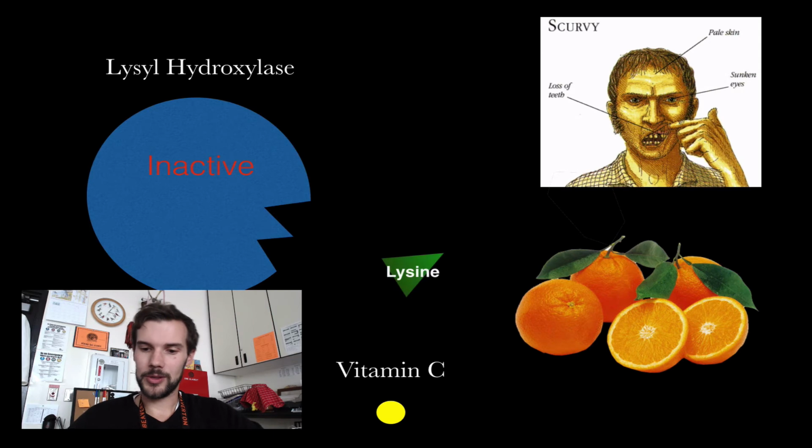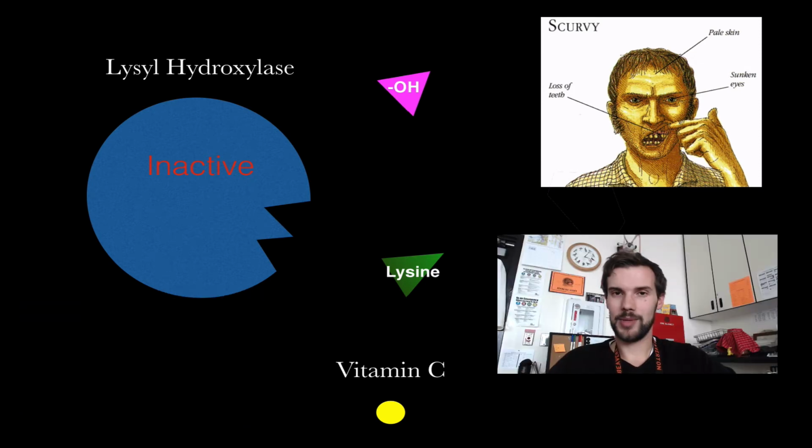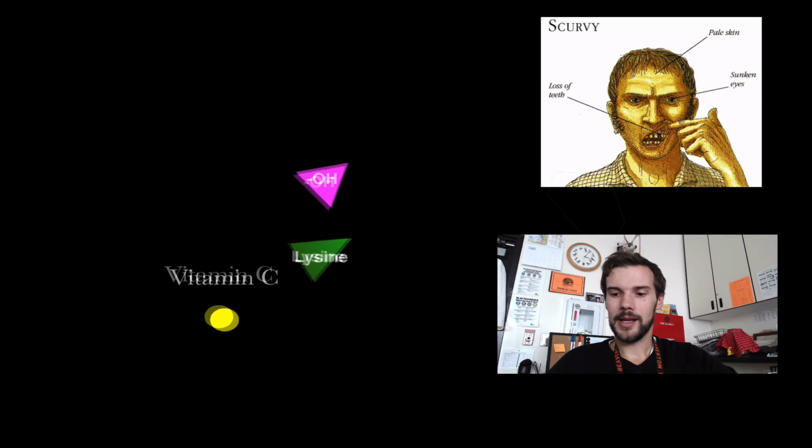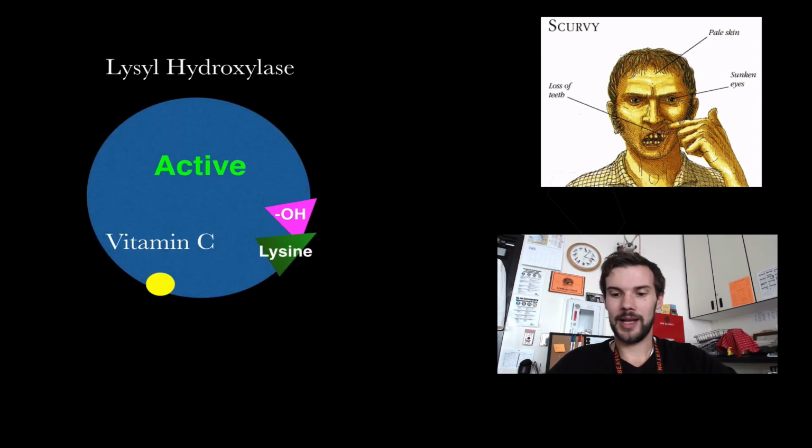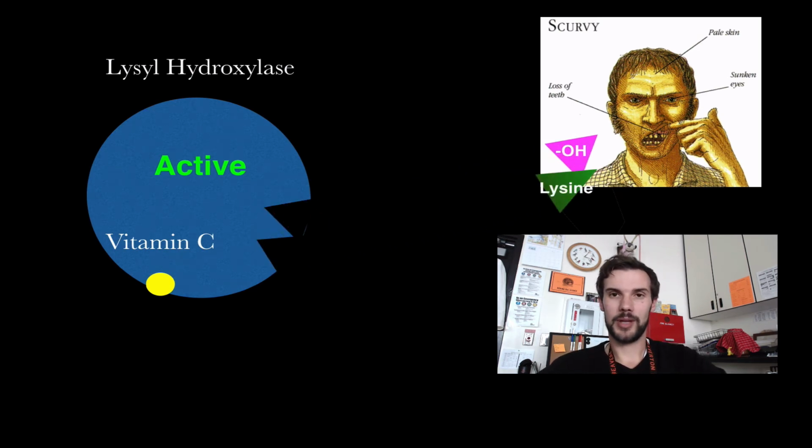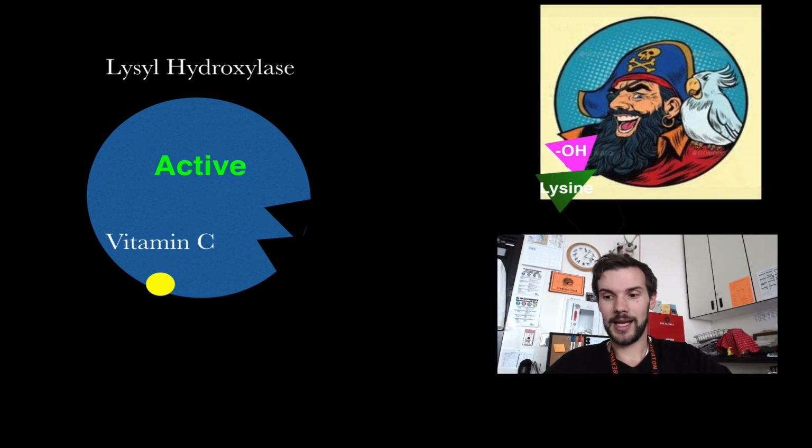And so it will travel over to the enzyme, and it will help with the connection of an OH group with lysine, lysine being an amino acid. And when that happens, and they all connect, and it's an active enzyme, then lysine will be able to go over and help the production of collagen. And then it's not going to be a sad pirate, but a happy pirate.